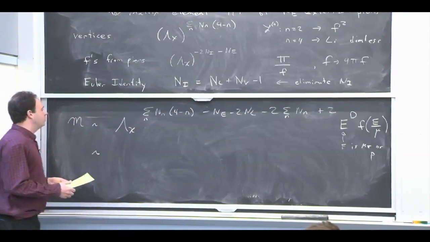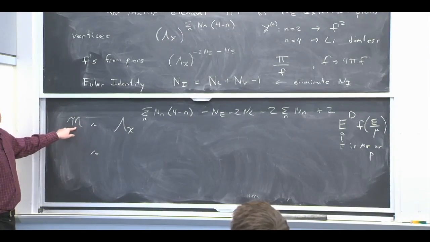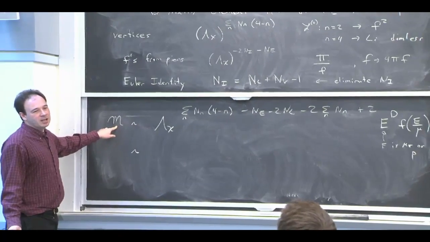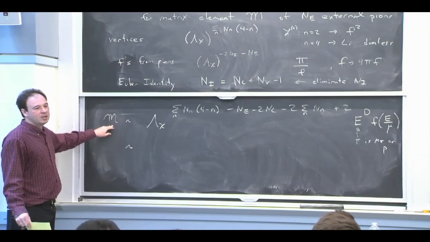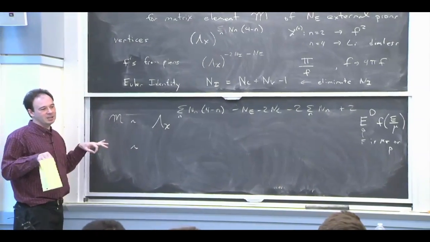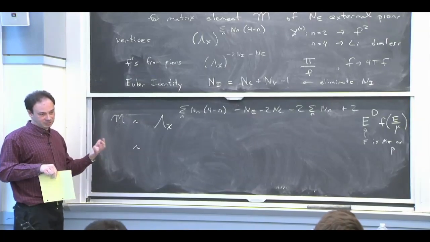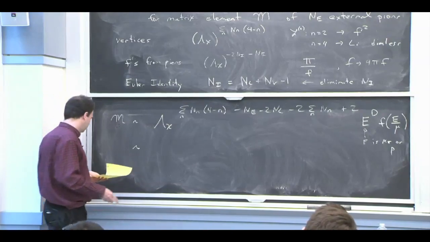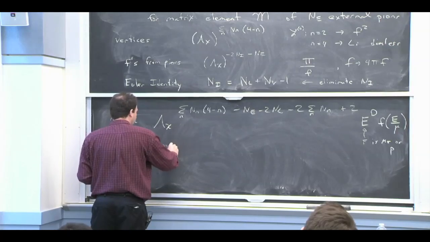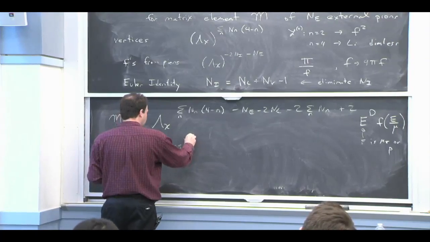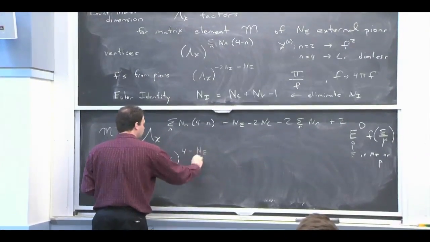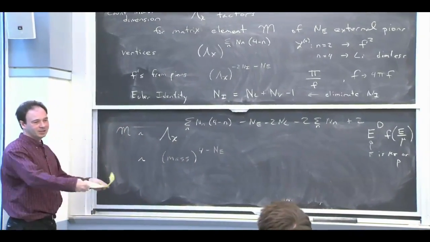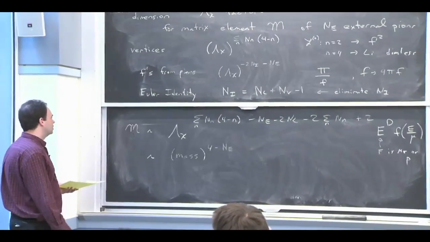And then there's one more thing we can do, which is we can look at the left-hand side, and we can say, just by dimensional analysis, what should the matrix element's dimension be? Depending on how many bosons you have sticking out, your matrix element should have a certain dimension, which you can figure out. And that dimension is just 4 minus n e. A 2-point function would scale like p squared, et cetera.